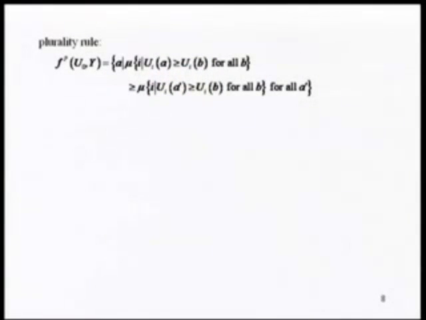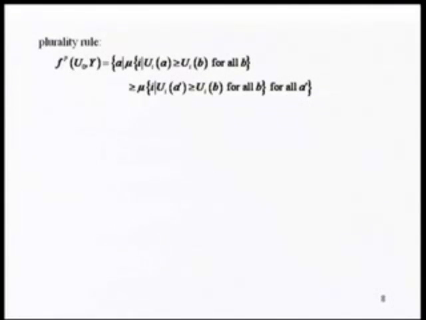So, using the concepts that I've introduced, now we can define these voting rules more formally. So here is plurality rule. Because we have a continuum of voters, we can't literally count up the number of voters who like candidate A best, but what we can do is look at the proportion of voters.